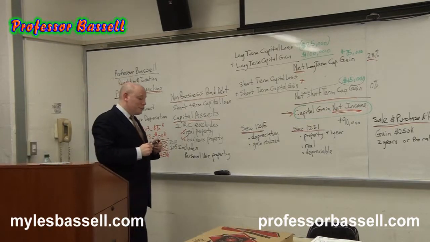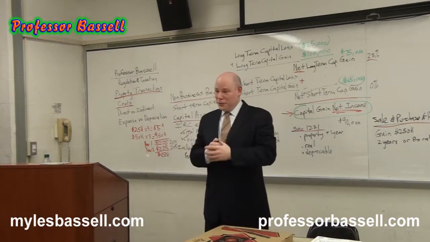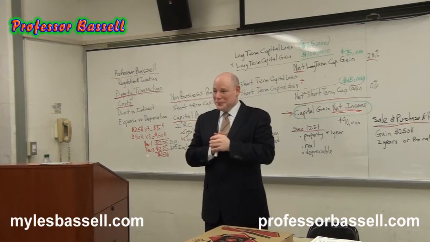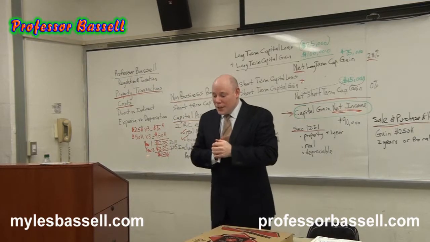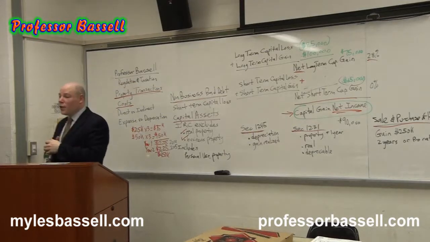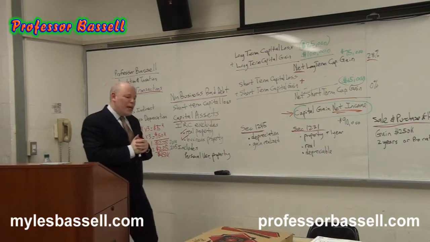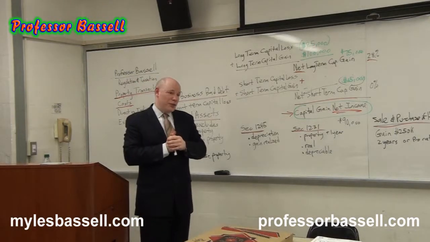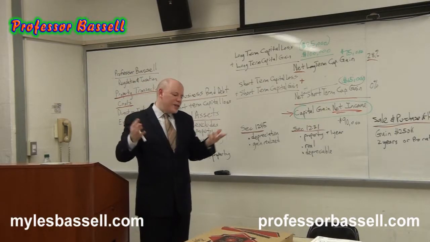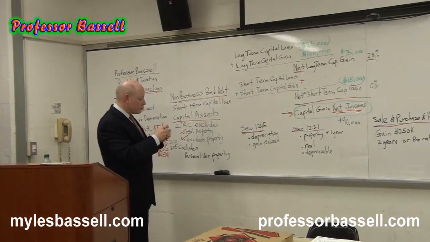Now, we decide that we're going to sell the furniture, and things are going our way. It turns out that we are able to sell the furniture, these merchandisers, for $120,000.